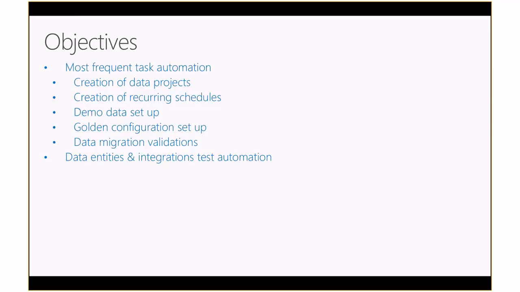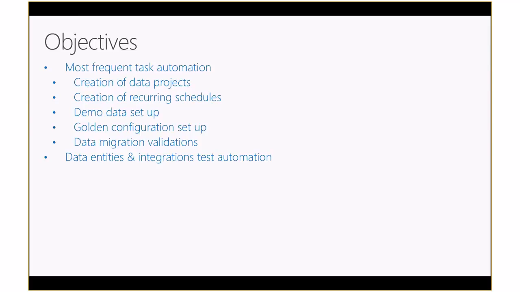The first set of scenarios that we were looking at is to help make it easy for implementation teams when it comes to, say, creation of data projects. We have heard a lot of feedback from all of you and our field in general around the lack of tools when it comes to managing configurations for data projects and for recurring schedules, where teams have to go and create these data projects and recurring schedules on every environment as they go through the implementation phase.